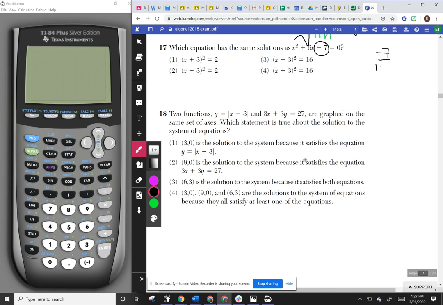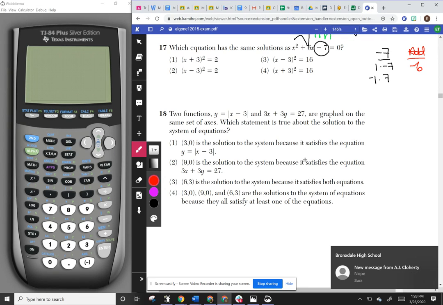We got 1 times negative 7, and we got negative 1 times positive 7. And when we add those, 1 plus negative 7 is negative 6, and negative 1 plus positive 7 is positive 6.